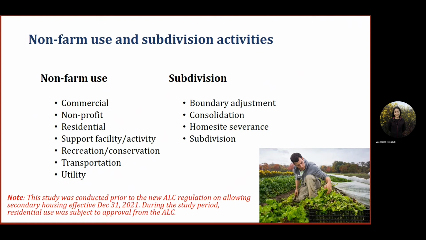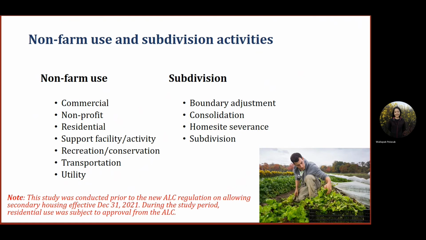The first one is commercial, defined as commercial activities not related to primary agricultural production or processing, such as daycares, golf courses, and restaurants. Nonprofit is defined as non-commercial activities related to or conducted by nonprofit organizations, such as care facilities, animal shelters, schools, churches, or temples.